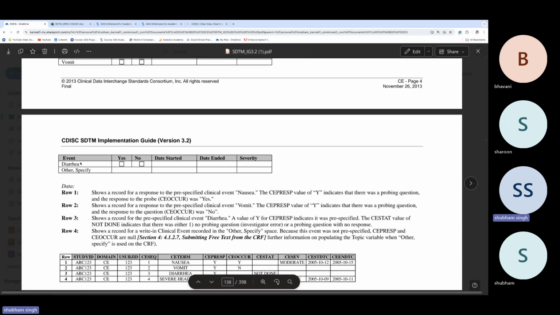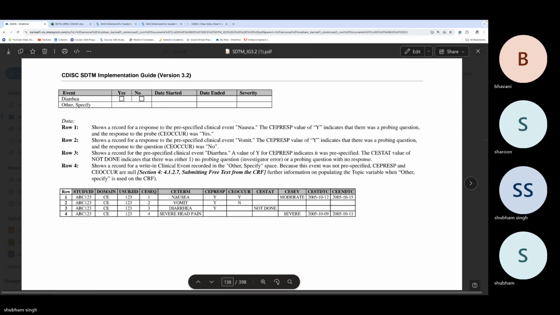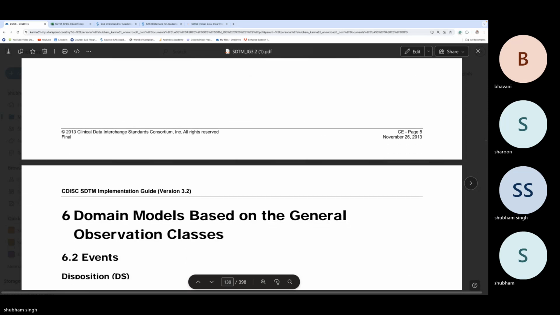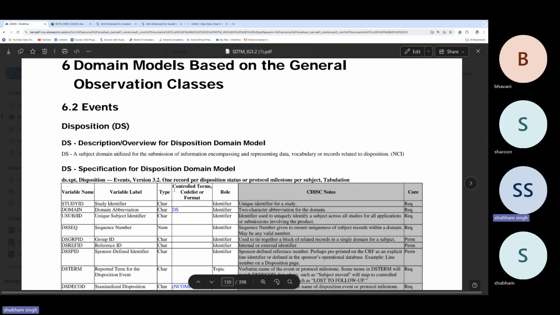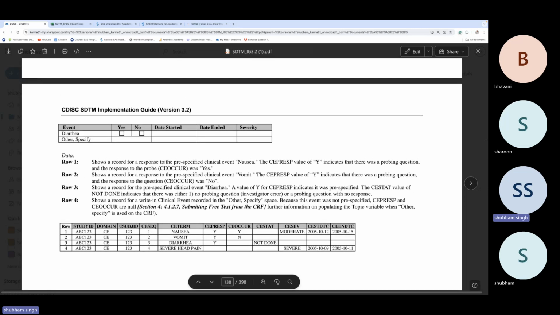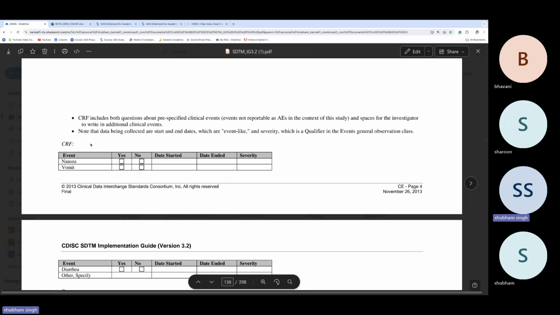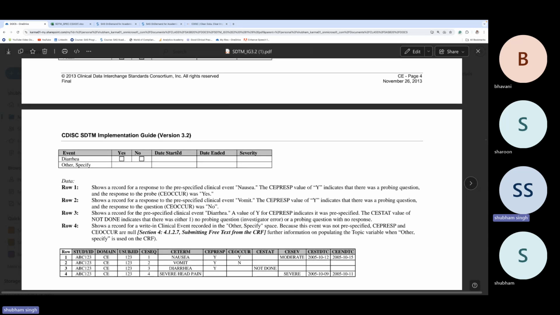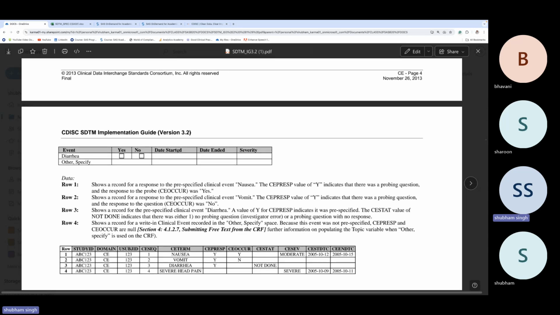This is how the form looks. In the event, it is showing diarrhea or what. And you can see the CE term contains the reason for the clinical event: vomit, diarrhea, severe head pain. So likewise, if you just look at the data set and try to read it a little, it will give you better clarity.